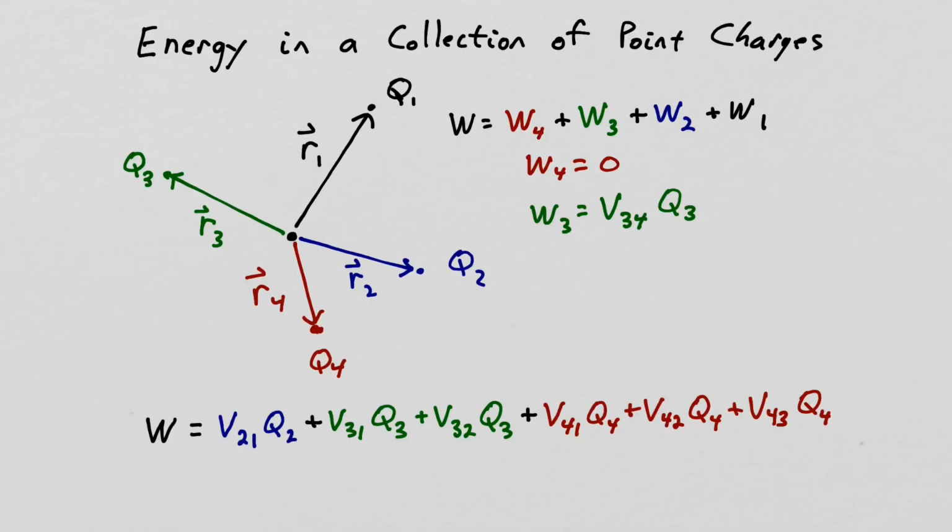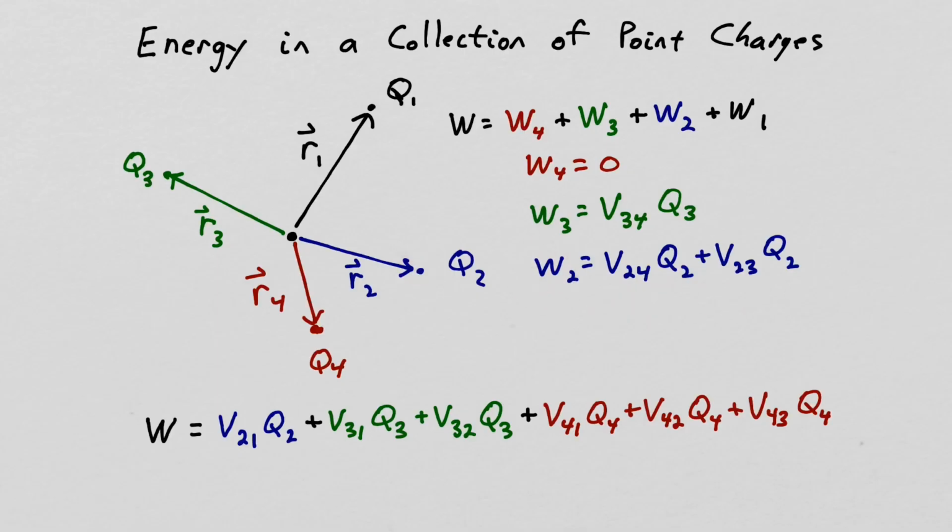So Q sub 3 times V sub 3(4) is the amount of work to position Q3 if Q4 were present. And similarly, to find the amount of work to position Q2 if Q4 and Q3 were present. Finally, we position our last charge, Q sub 1.